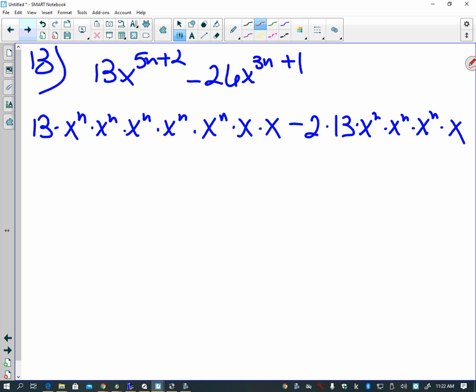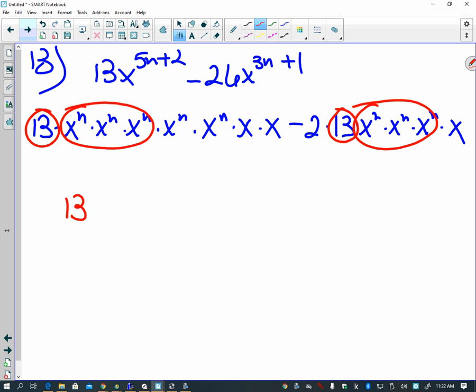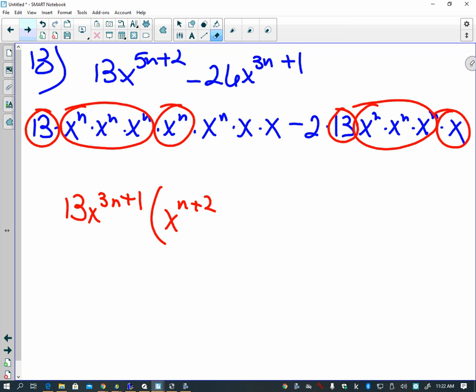Now what I'm looking for is everything that shows up in both sets. Both have a 13, so we can take this 13 and put it out here. They both have 3 of these, so that's x to the 3n. They both have 1 of these, so plus 1. Hold on, I circled the wrong one.